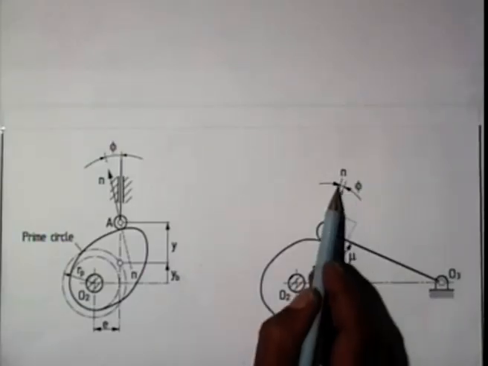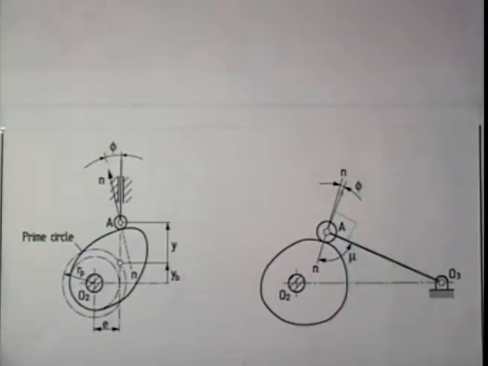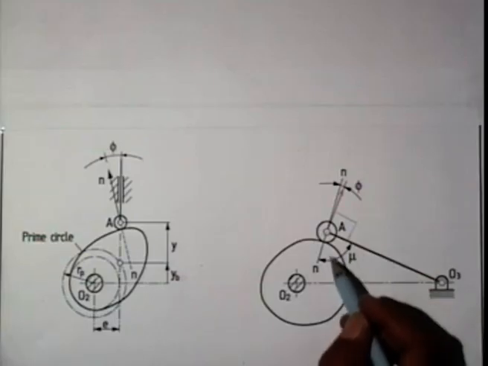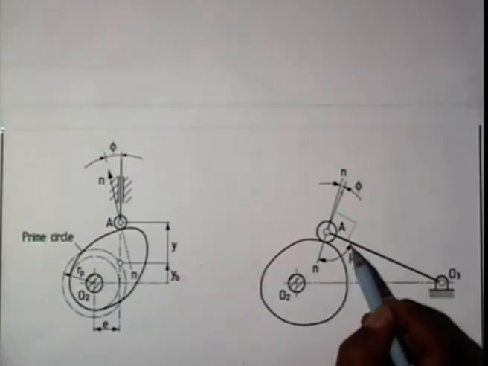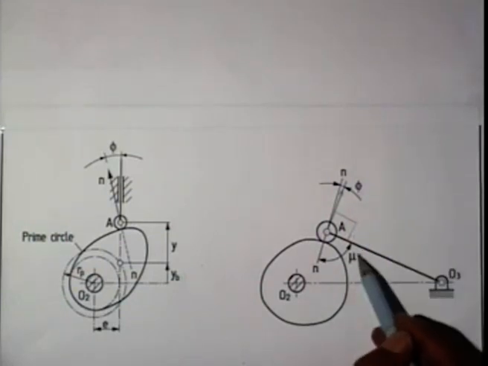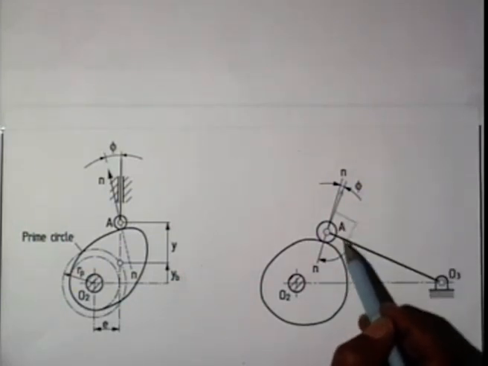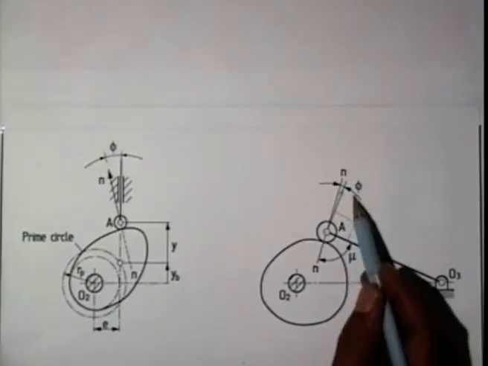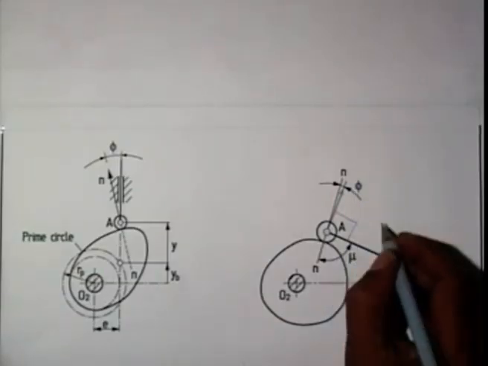So the angle between these two we call the pressure angle phi. We can see that this angle, which we call mu, phi plus mu is 90 degree. This is 90 degree. This total angle is 180 degree. So phi plus mu is 90 degree.